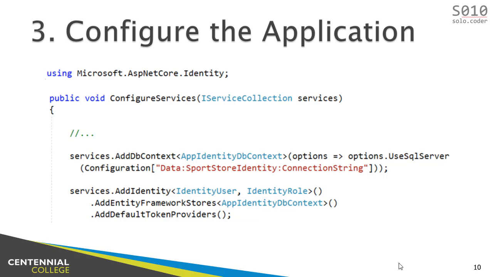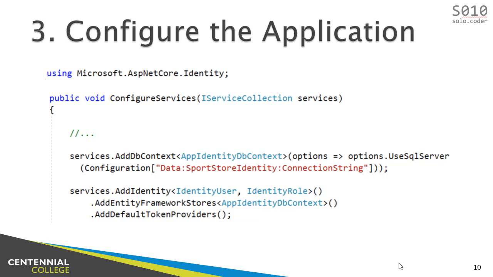So again, we go back to the startup class and we add our new DB context. Very similar to what we had there for the sports store database. So we have this line here. Now, we also have this second line here, where we are adding another service to our application.